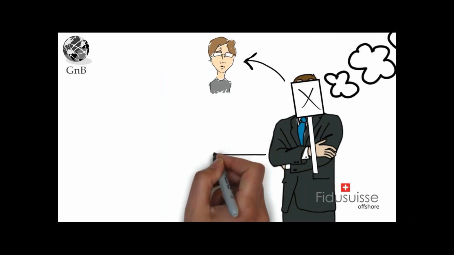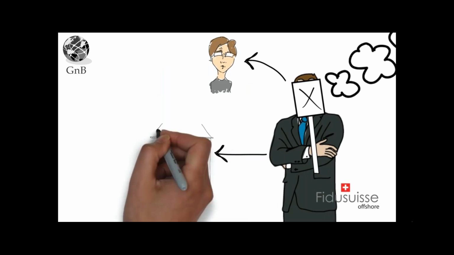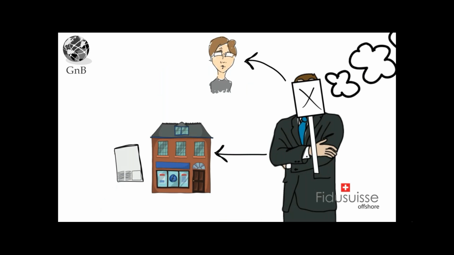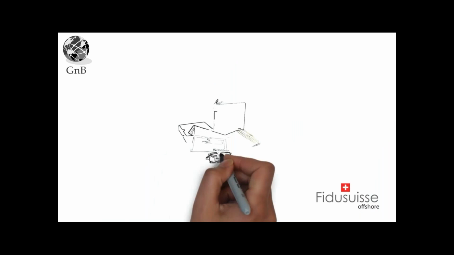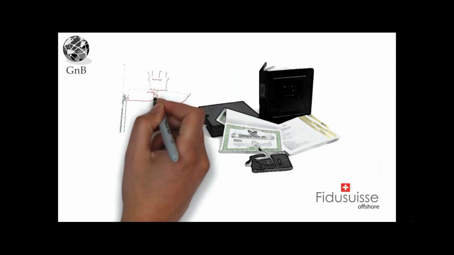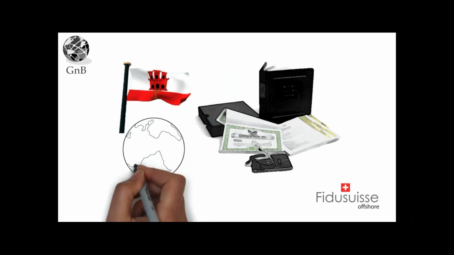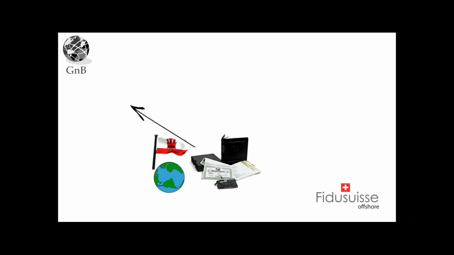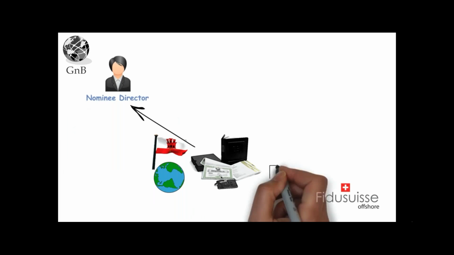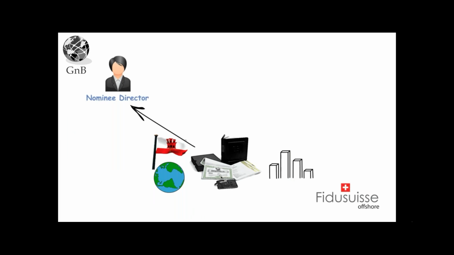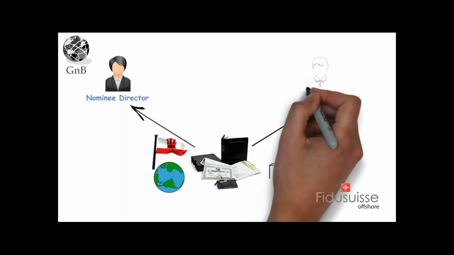But of course, you want to be the only one having access to your funds at the bank and have it legally done. We incorporate a company for you in Gibraltar or anywhere in the world, and appoint a director acting as a nominee director. For holding the shares of your company, we will use a nominee shareholder.